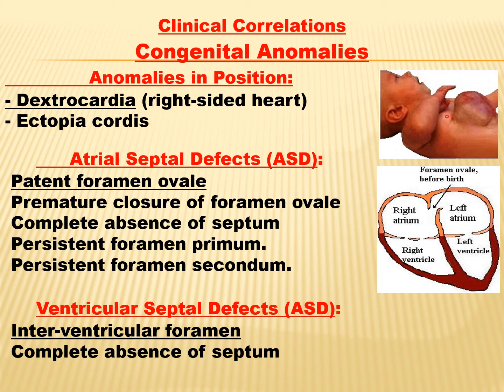Here, the heart is normal, and we see it pulsating, but the defect is usually in the sternum or anterior thoracic wall. So the heart leaves its normal position inside the thoracic cage, and we find it outside the thoracic cage, on the anterior thoracic wall.